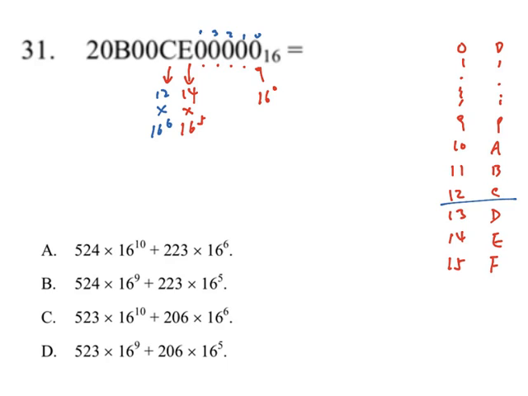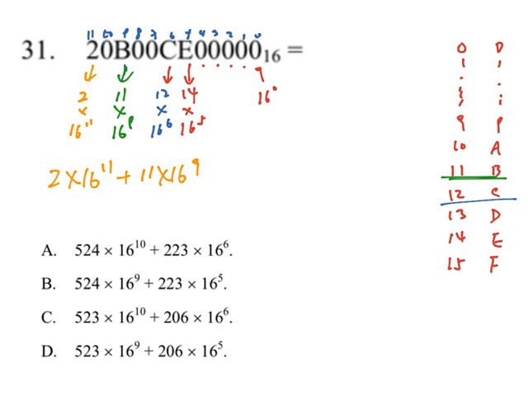Counting 0 to 11, B is 11, so 11 times 16 power 9. And then the last one is 2 times 16 power 11. So like this: 11 times 16 power 9, and then 12 times 16 power 6, plus 14 times 16 power 5.